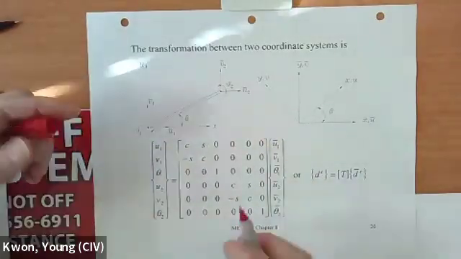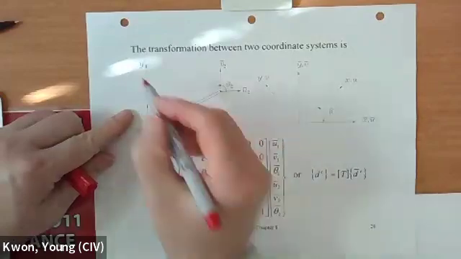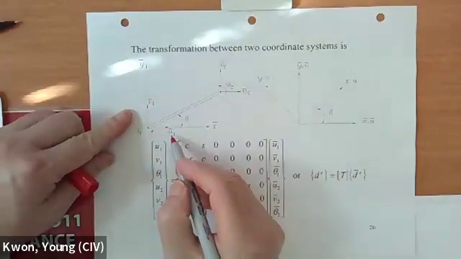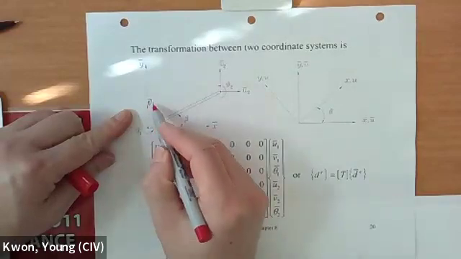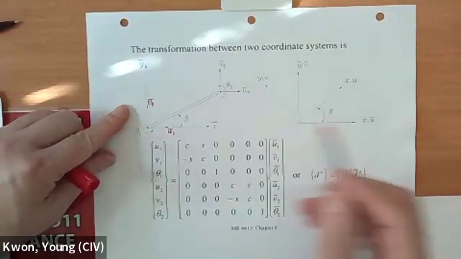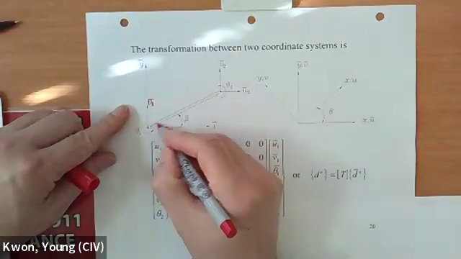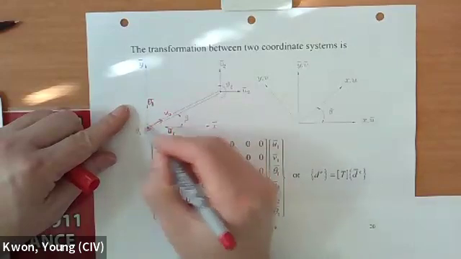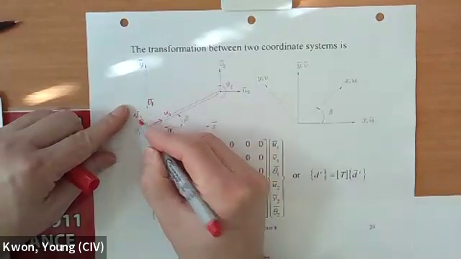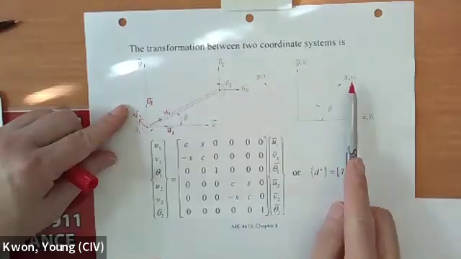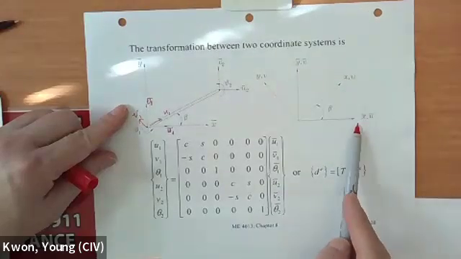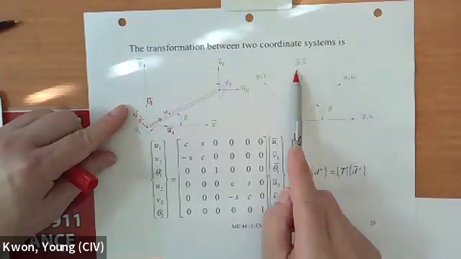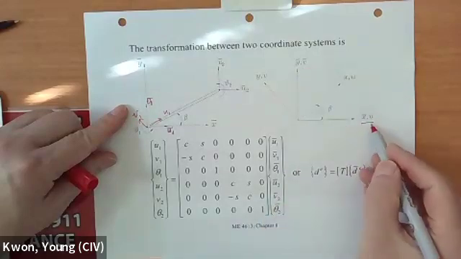So this is global. Again, I'll put a bar here. U1 bar, V1 bar, global, and local is going to be U1 and V1, shown in here more clearly. X bar, U bar, Y bar, V bar, this is global.